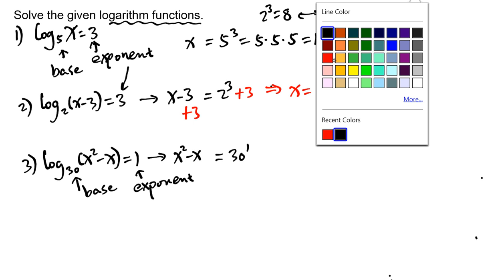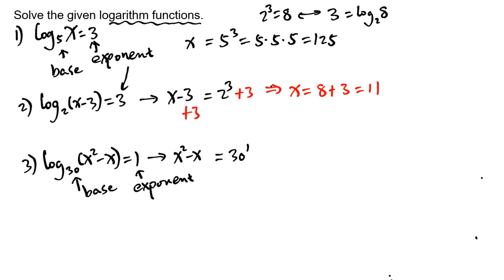Alright, then it almost comes out. Subtract 30 from both sides. We shall have x squared minus x minus 30 on the left, and on the right-hand side you have 0.